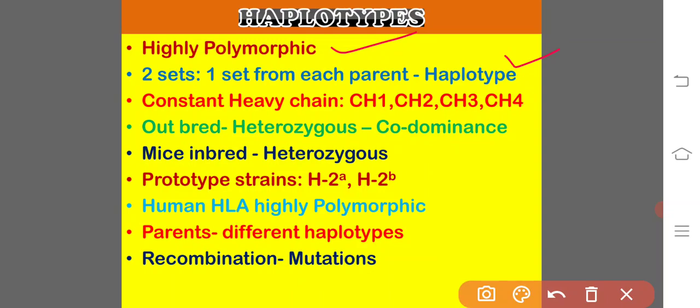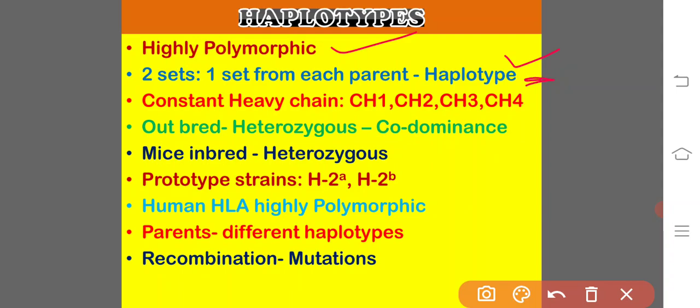Each set of alleles is referred to as a haplotype. An individual inherits one haplotype from the mother and one haplotype from the father.